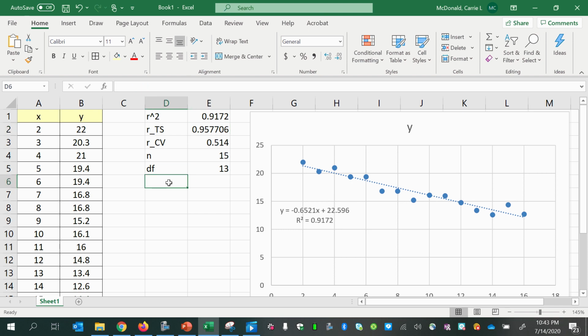We can also estimate a y value based on an x value. We can do this for an individual x value, or we can make a column of estimated values, y hats.